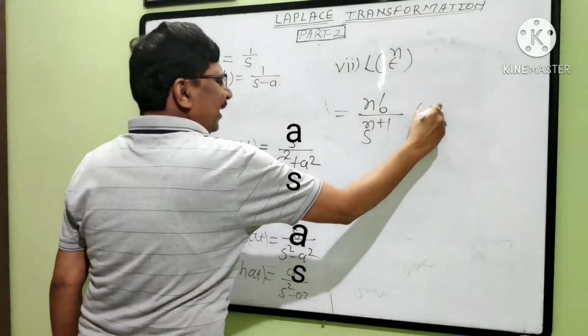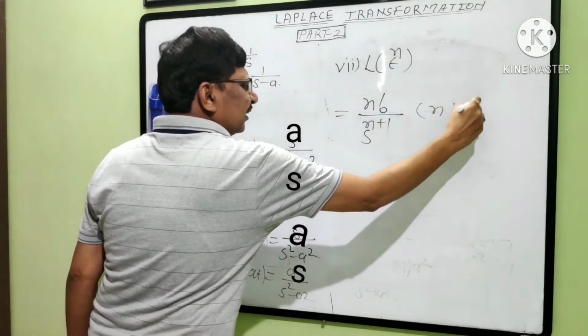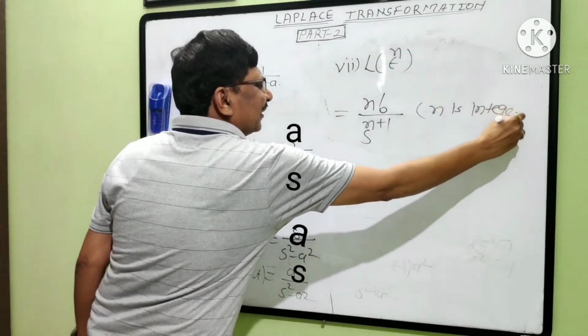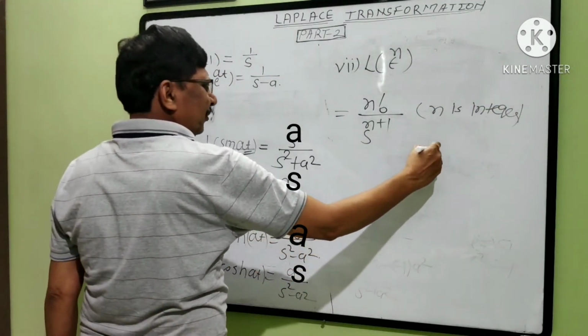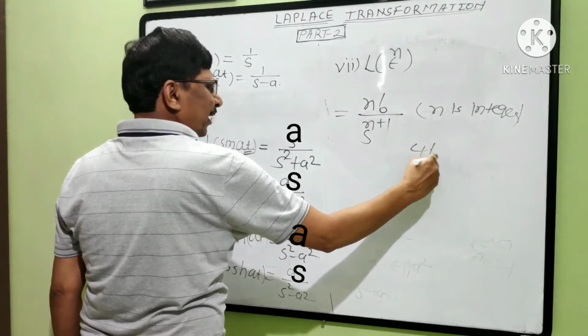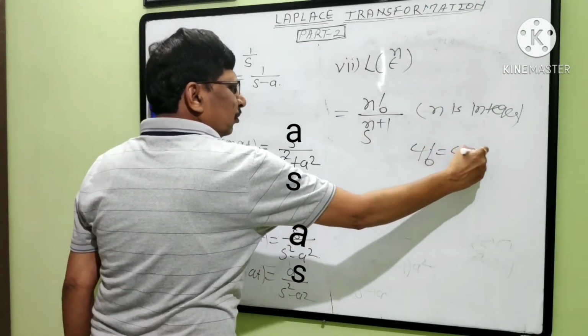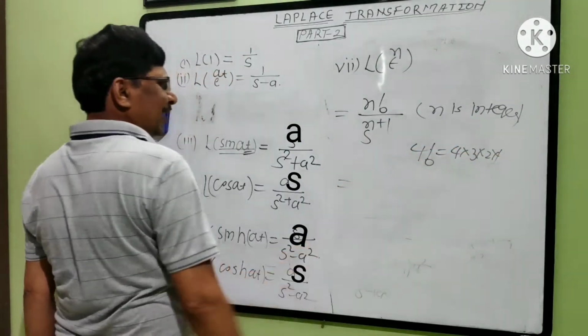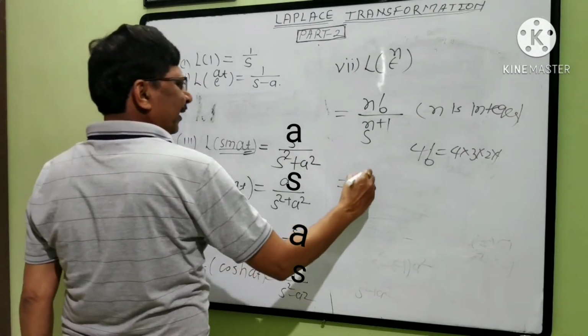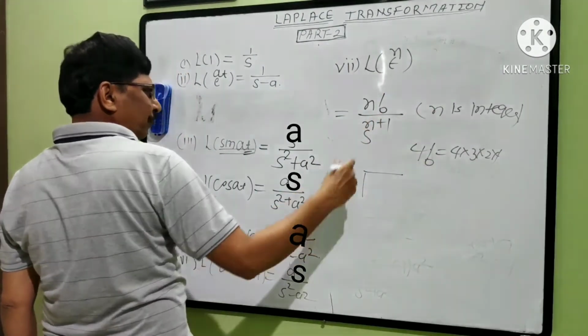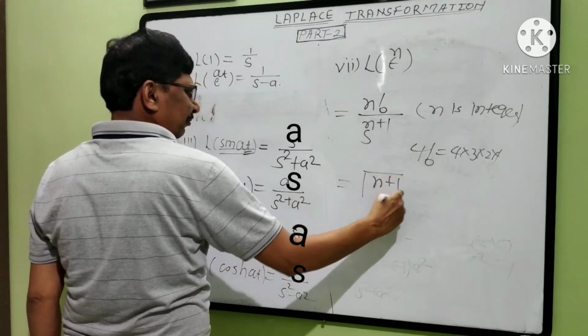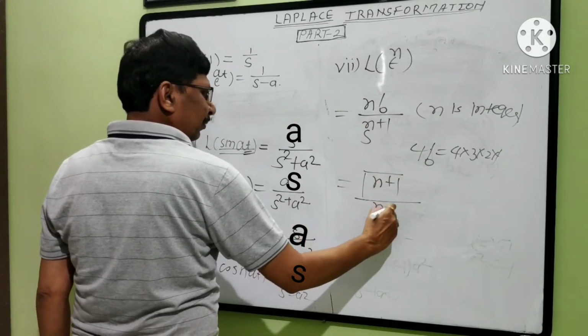But this holds if n is an integer. N factorial, you know the meaning. What is 4 factorial? 4 into 3 into 2 into 1. Now I am writing another notation, that is the gamma notation. Gamma of n plus 1 upon s raised to n plus 1.